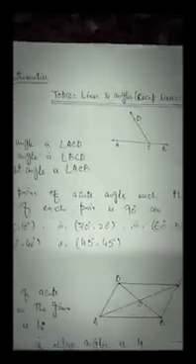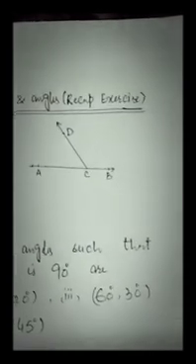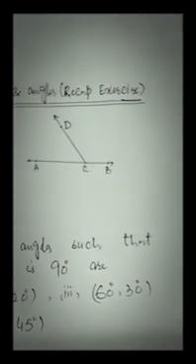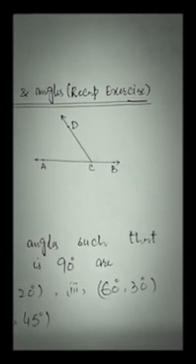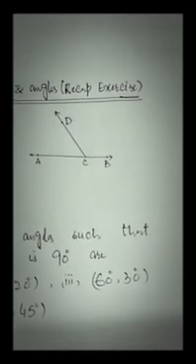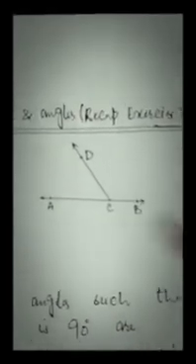Question number 3 of the recap exercise is, we have to name the angles in the figure and classify them as acute, obtuse and straight. In this figure, we have ACD. Its measure is less than 90 degree. It is greater than 0 degree, so it is acute.